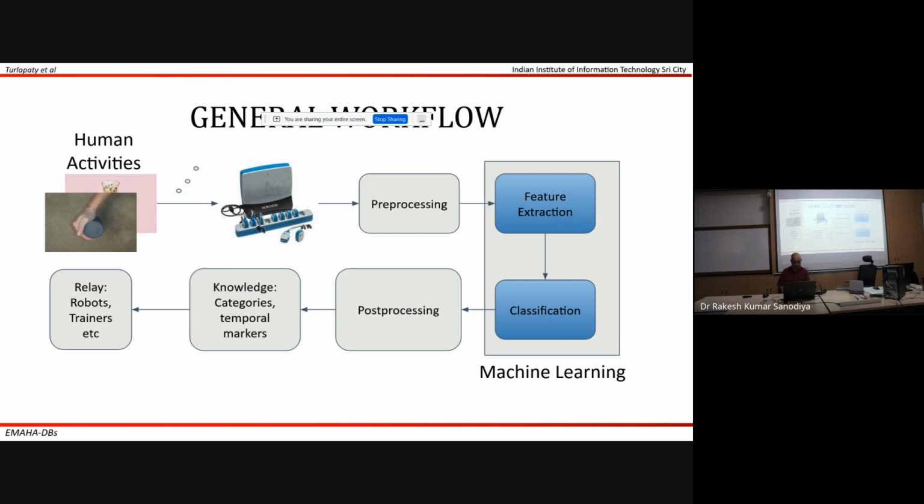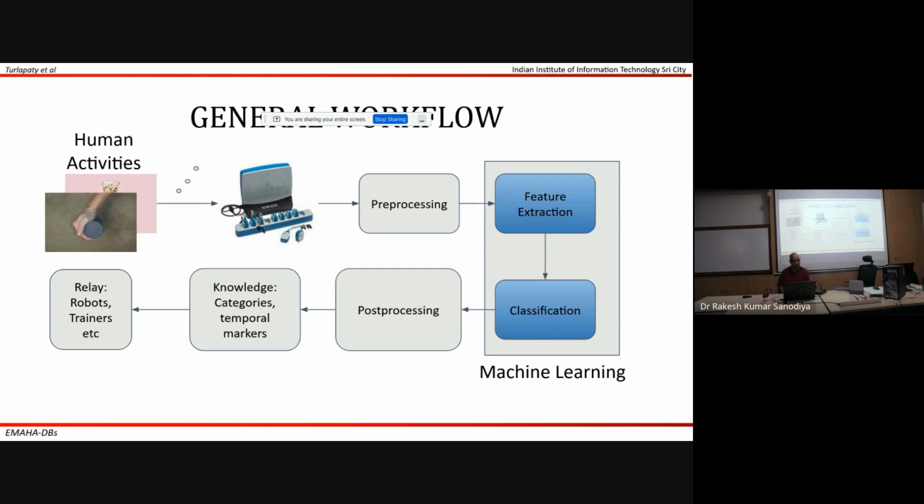And then we feed these features to a machine learning model. Depending on the problem, we may need further post-processing, for example, if you want to identify the exact location of the particular activity within a longer signal. And then finally, the extracted information can be fed to the next system or subsystem.